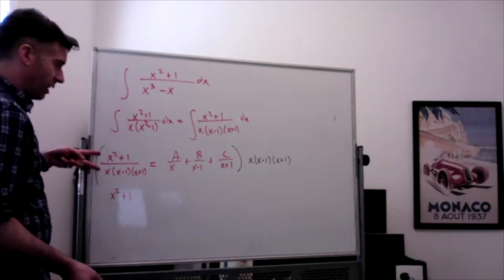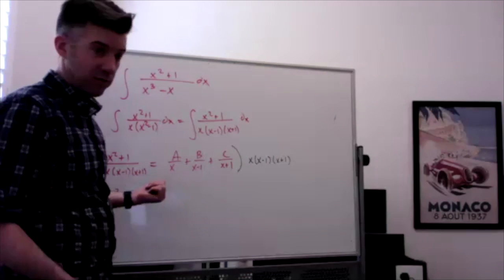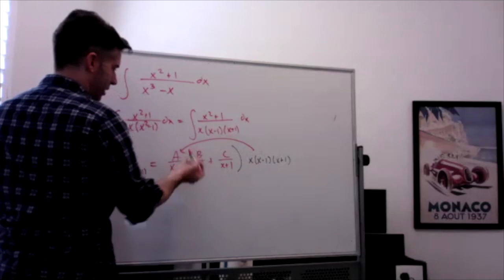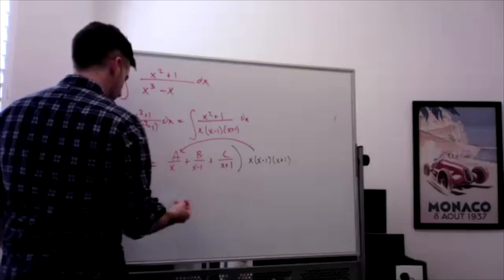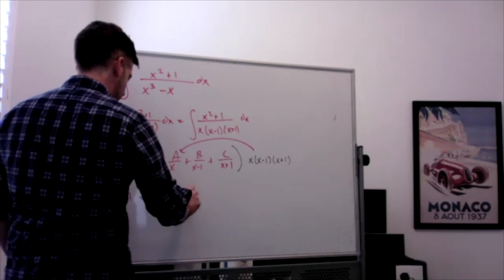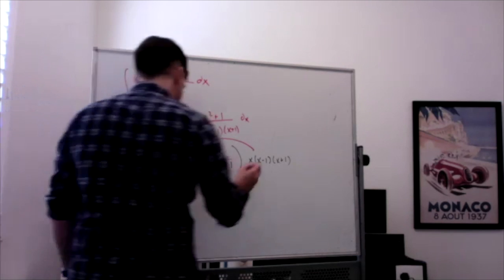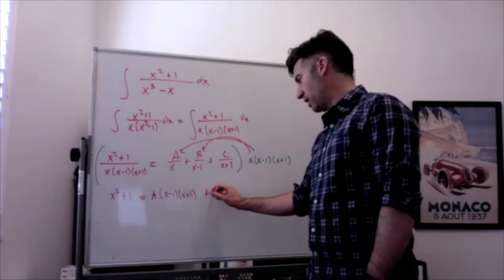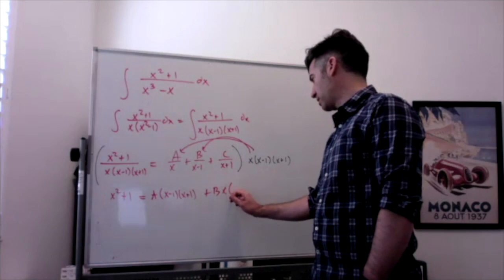If you multiply a fraction by its denominator, you just get the numerator. When I multiply it by the A term here, the x's will cancel, and I'll get A times x minus 1 times x plus 1. When I multiply it by the B term, the x minus 1's cancel, and you get B times x plus 1.